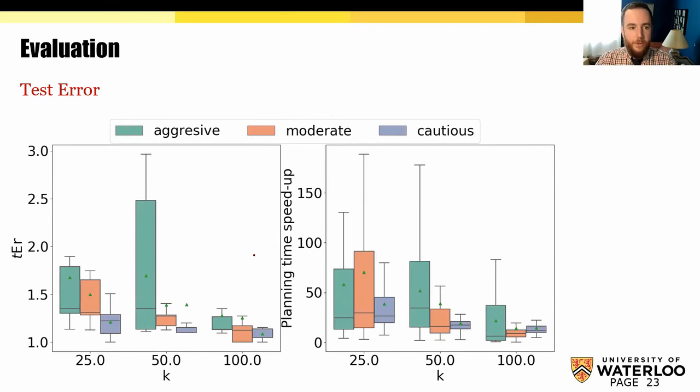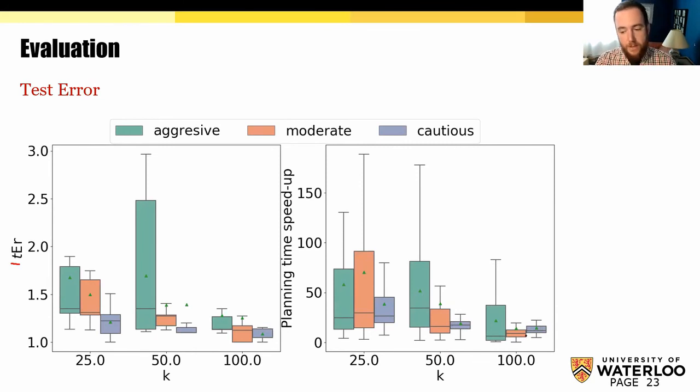Similar to the training error, if we compare the t-error and the planning time speed up for various k values, 25, 50, and 100, and for all three users, we see a decrease again in the t-error as k is allowed to increase, and a decrease in the planning time speed up, so requiring longer time but producing nicer paths.